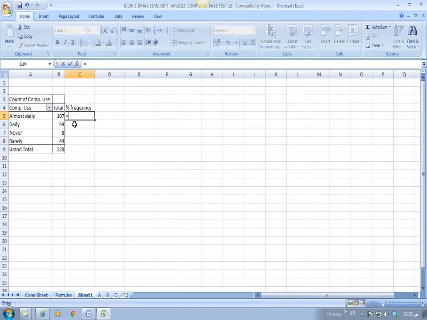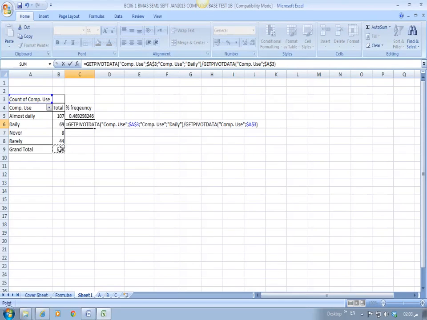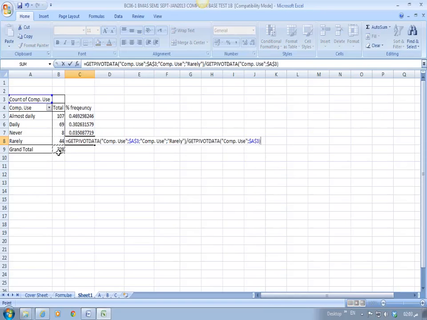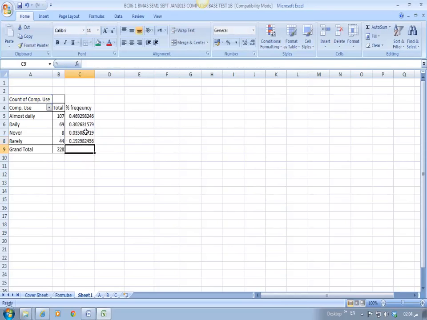So it is equal this one divided by the total, and then press Enter. The next one is equal the same divided by the total, and then equal 44 divided by the total, and press Enter. So here I calculate the percent frequency.